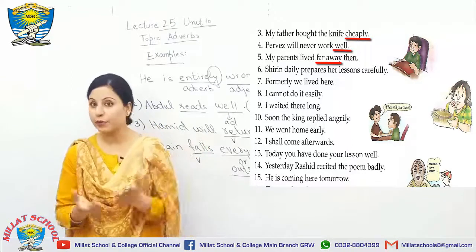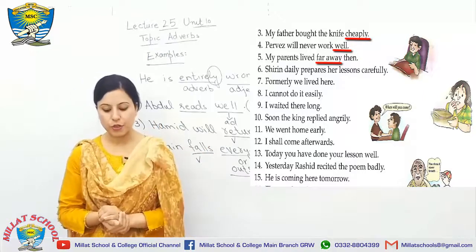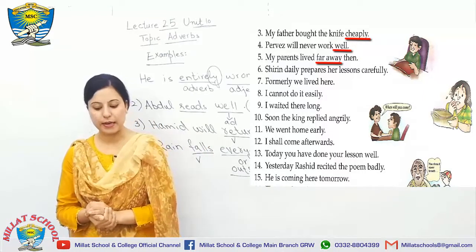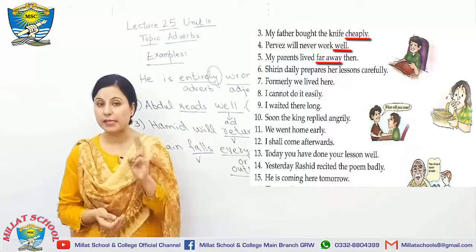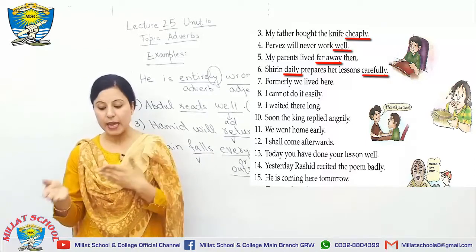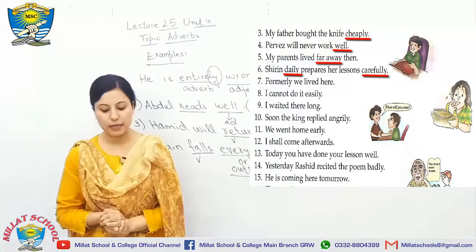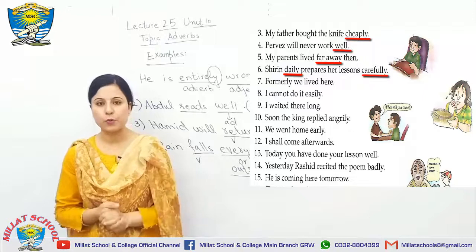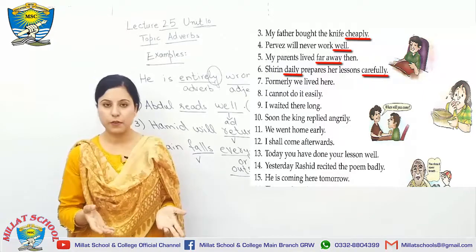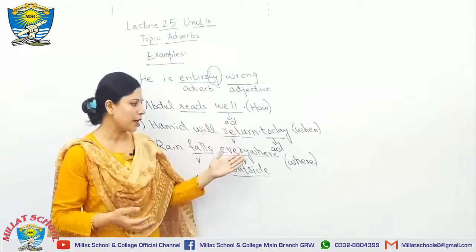Where? Far away. Number 6, Shireen daily prepares her lessons carefully. Now two of the words have been given as adverbs, like daily and carefully. The rest of the sentences will be done by you yourself. You just need to pick out adverbs by using some of the different ways like how, when and where.